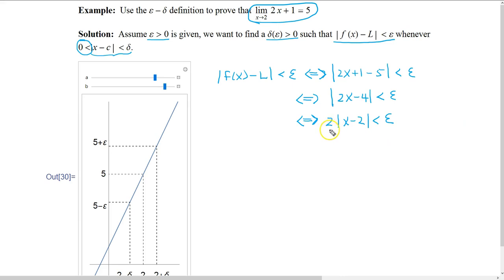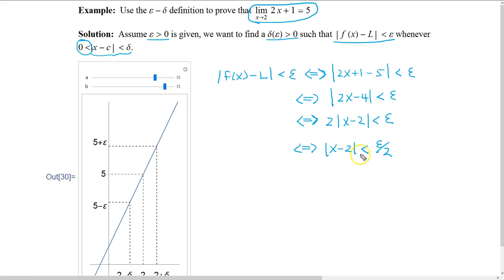Now we can divide this 2 to the other side, and this is the same as saying, and there we go. So you see what we have sitting right here is x minus c.